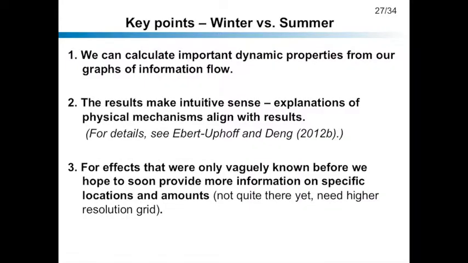And number 3, they are for effects that are right now only vaguely known. We hope to soon provide more specific quantitative measures for that. So, for example, in the next slide you will see... actually, not the next slide. Okay.